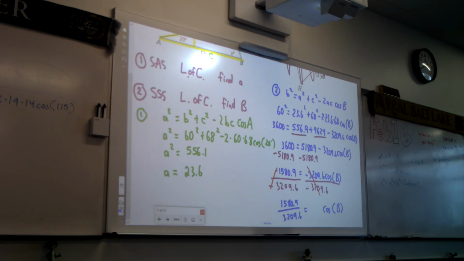Now, last step, guys, how do we undo a cosine? The inverse cosine. So I'm going to go on my calculator and do the inverse cosine of this big thing right here.